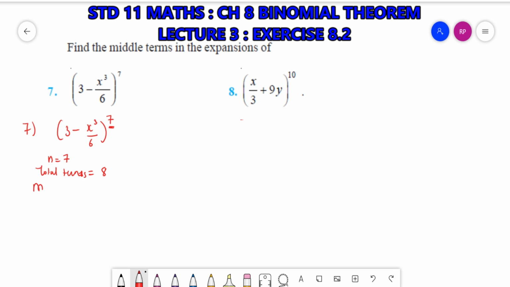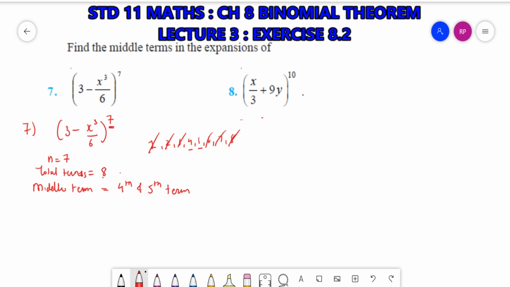Okay, so the middle terms will be 8 by 2, that is fourth, and 8 plus 2, that is 10 by 2, that is fifth term. If you get confused, you can write down like this: 1, 2, 3, 4, 5, 6, 7, 8. Just cancel one on both sides, second on both sides, third on both sides. So fourth and fifth will be the middle terms.